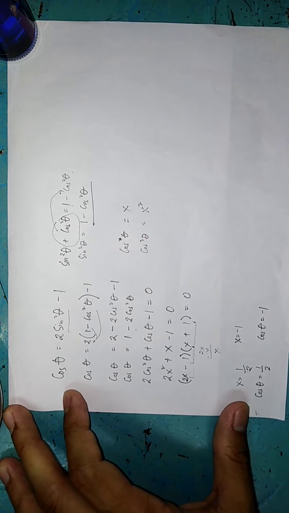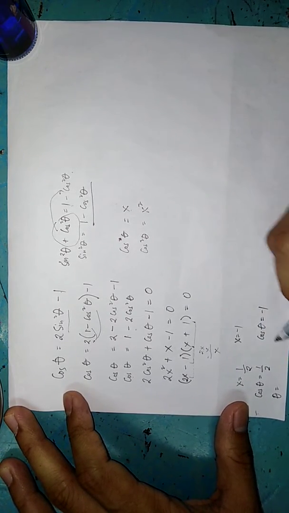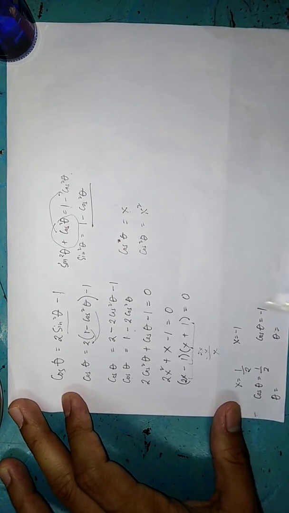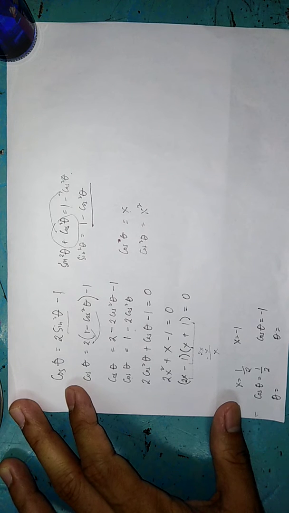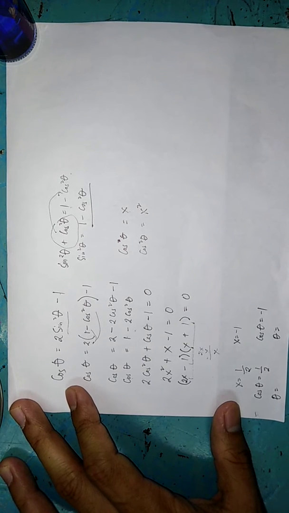Sir, paano natin masasolve yung theta dyan? So, dalawa ang theta. Dito, at saka dito. The best way to solve this is to use the summarized table of values in your book on page 311. I want you to check your book, page 311, yung summarized table.